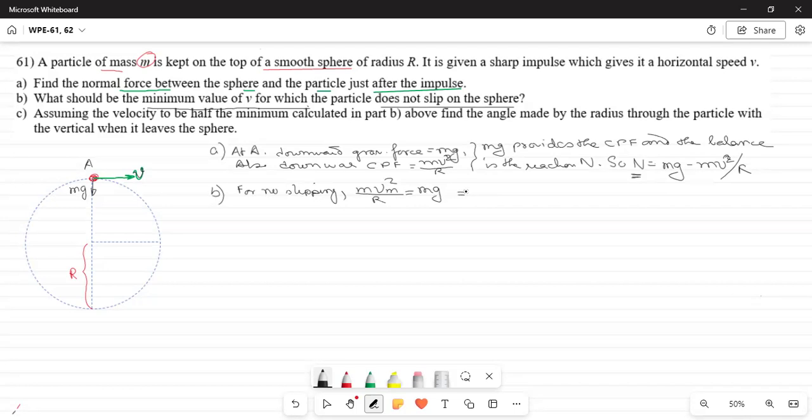From here, m gets cancelled, we get vm square is equal to rg. vm is the required minimum velocity.